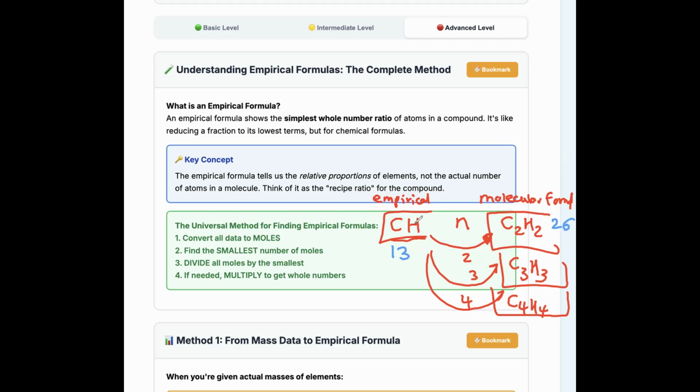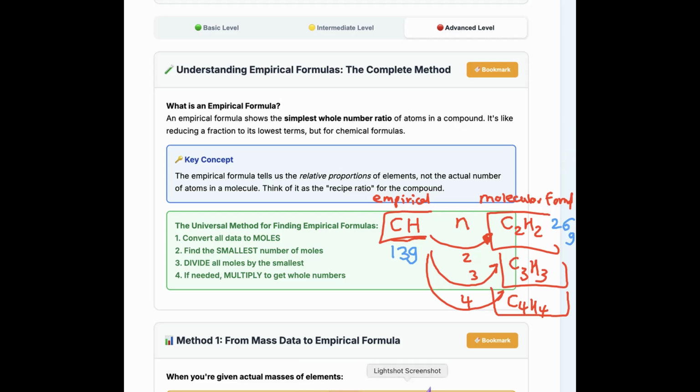Why? Since the number of atoms is repeated 2 times, the mass also will be repeated 2 times. If 1 mole of CH is 13 grams, 1 mole of C2H2 will be 13 multiplied by 2. What about this one? 13 multiplied by 3. 13 multiplied by 4.